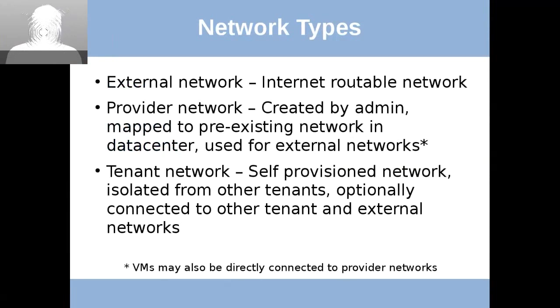This is self-provisioned networking. This relates back to the idea of networking virtualization. A tenant network is isolated from other tenant networks, right? And then you can use something called a router, which we'll talk about in a second, a virtual router, to basically hook up your tenant networks to one another or to the internet. Next slide.